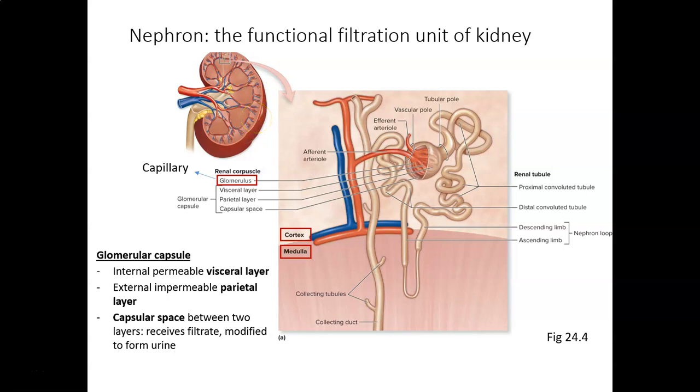Because kidney filters blood, the functional unit, the nephron, which is the filtration unit, goes hand in hand with the blood vessels. The renal corpuscle portion and most of its tubules are localized to the cortex of the kidney, while the nephron loop usually goes deep into the medulla.